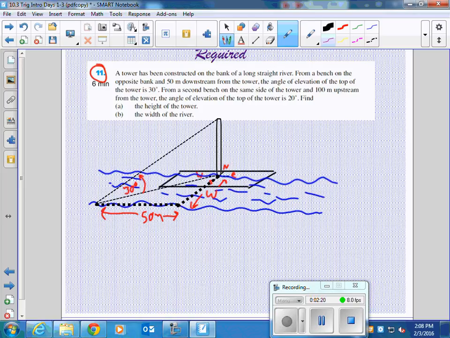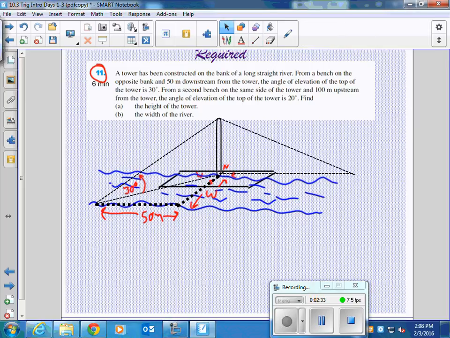Then you have one more that says we're going to go 100 meters upstream. And that angle of elevation is like that. This is only 20 degrees. You're trying to find the height of the tower.